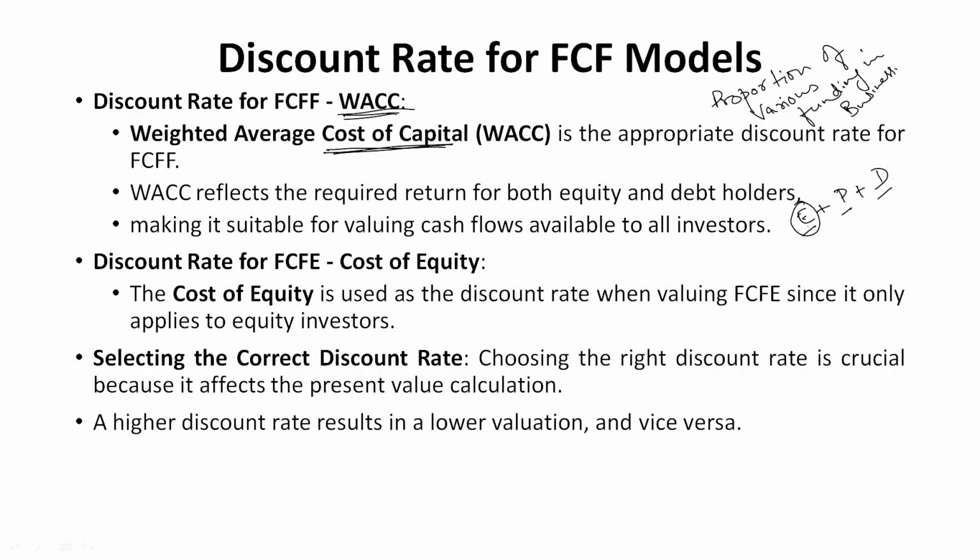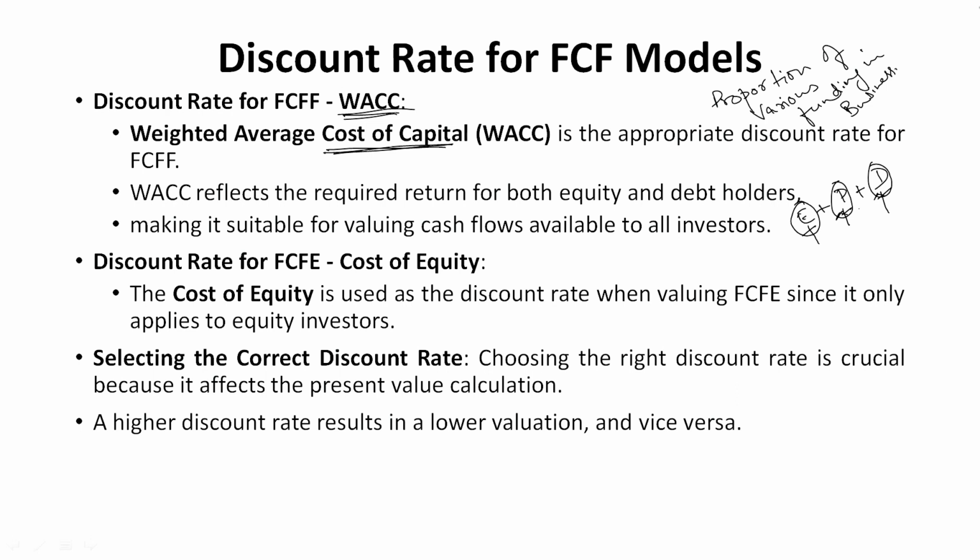So that is why this has a cost. Preference shareholders, again, are giving money to the company because they expect some return they require, and that is the cost of preference share. Similarly, debentures or debt also have a cost.